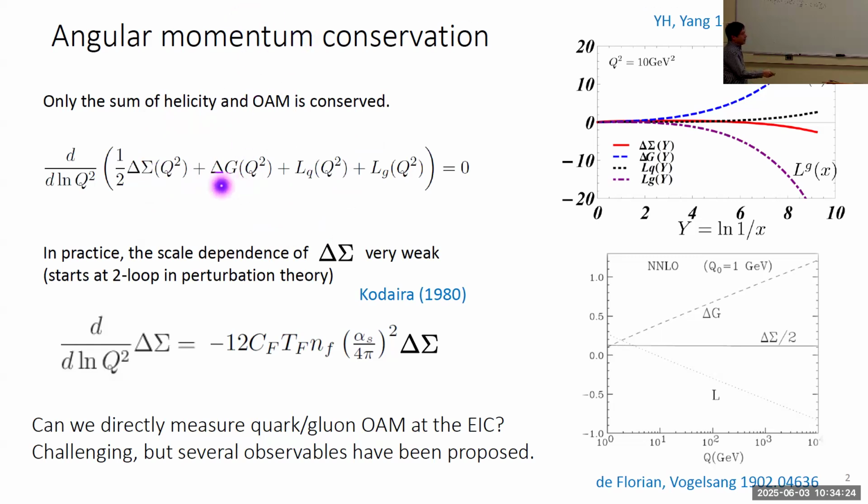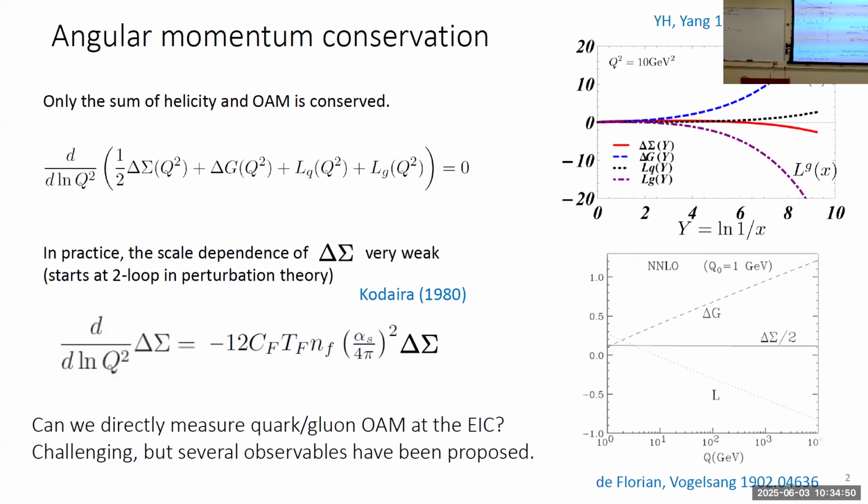So if you only consider the first two terms, you still have a Q-squared dependence, the renormalization scale dependence. But if you add the quark and the gluon orbital angular momentum, the total should be Q-squared independent. And in practice, the Q-squared dependence of delta sigma is actually very weak.